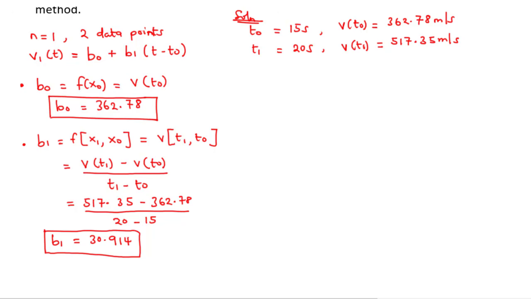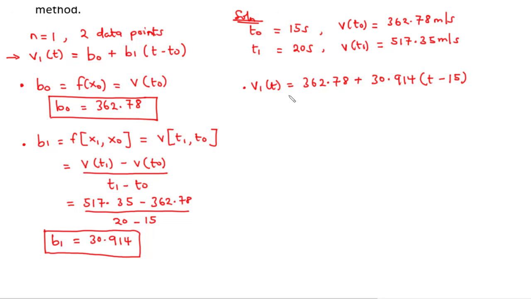From this, we can have the velocity function v1 of t, which is equal to b0, that is 362.78, plus b1, that is 30.914, into bracket t minus t0. t0 is 15, so we have 15 here.